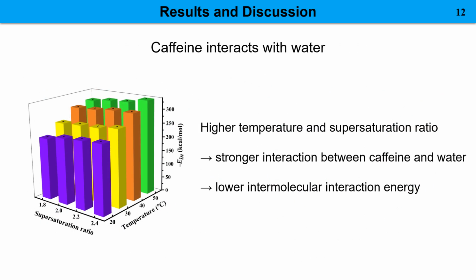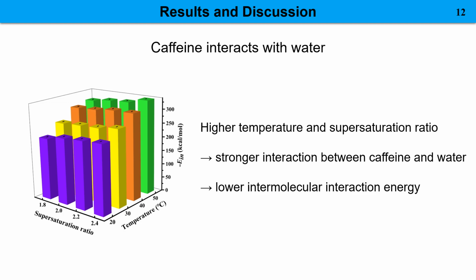The interaction of caffeine with water in relation to temperature and supersaturation ratio is shown here. The higher the crystallization temperature and supersaturation ratio, the stronger the interaction between caffeine and water. The intermolecular interaction energy indicates that caffeine and water have a strong mutual attraction.